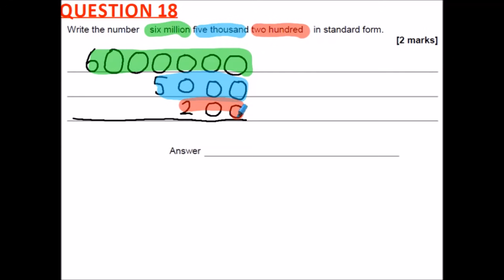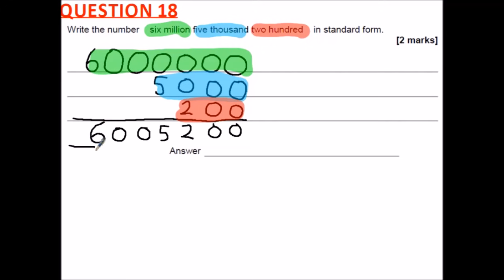So start from the left and add them all up together. Nothing plus nothing plus nothing is nothing. Same here. Nothing plus nothing plus 2 is 2. 0 plus 5 is 5. 0, 0, and 6. So it's important to have that number right.